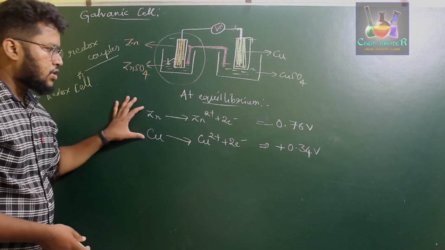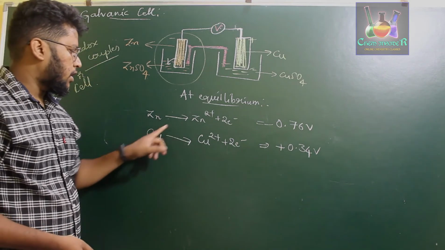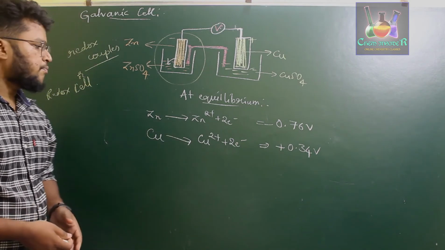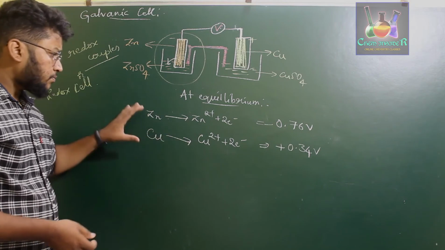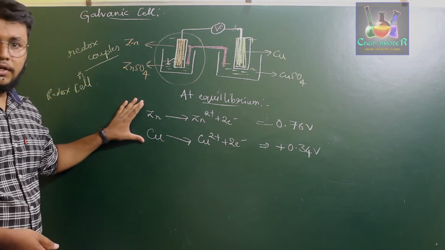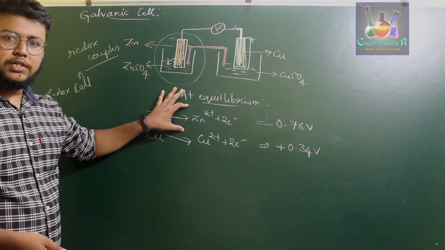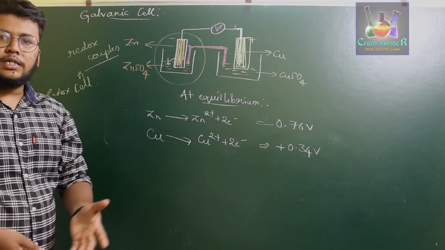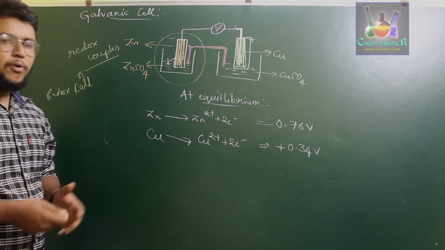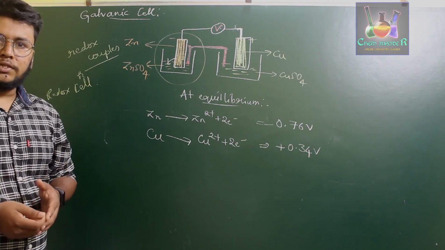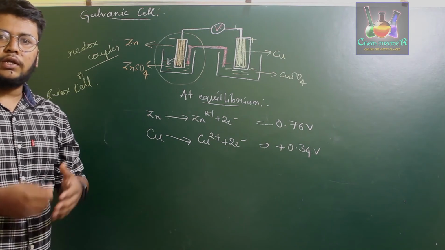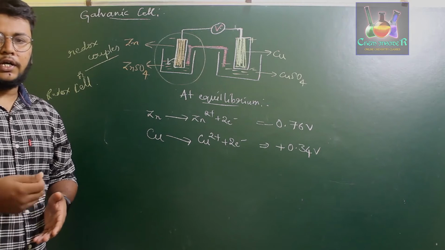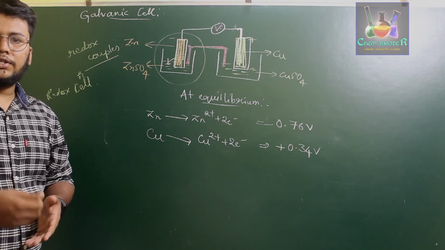If we consider these two reactions, one is a reduction reaction, and the other is an oxidation reaction. A metal undergoing oxidation means it is reducing the other substance. So the amount of potential that a metal possesses to reduce the other element is called its electrode reduction potential.